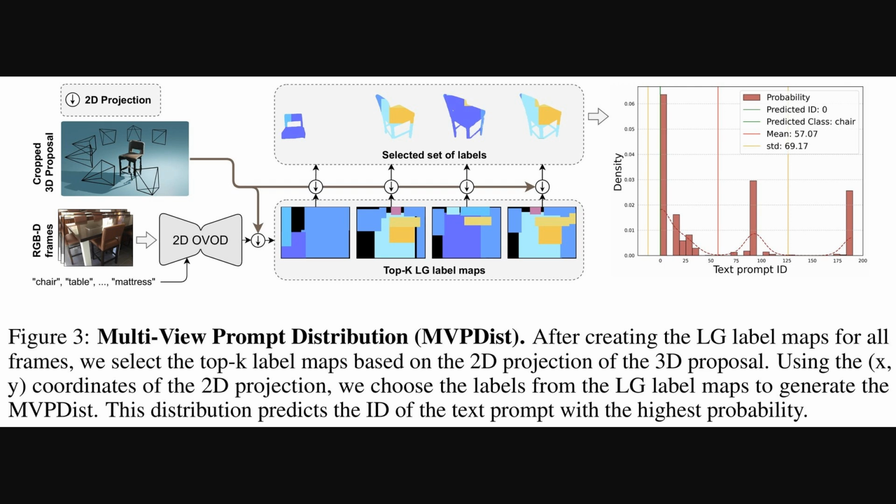A 2D open vocabulary object detection model, or 2DOVOD, then processes these frames to create what the paper calls low granularity label maps. These are simplified maps indicating detected objects in each view. From the most relevant views, determined by projecting a 3D object proposal, the multi-view prompt distribution then determines the most probable text label, like chair in the example.